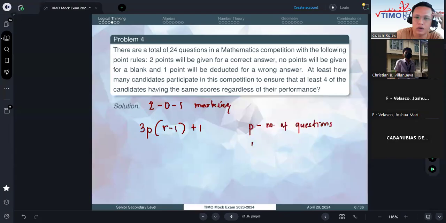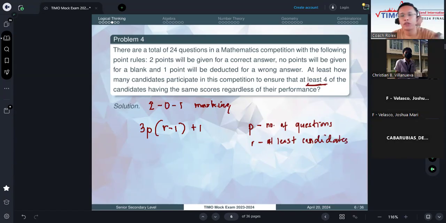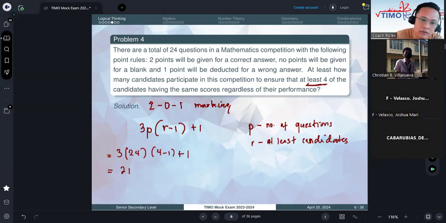Then your R is the at least number of candidates. So from here, p is 24, r is 4, so you will have 4 minus 1, plus 1. So 3 times 24 times 3, it's 216, plus 1, it's 217.